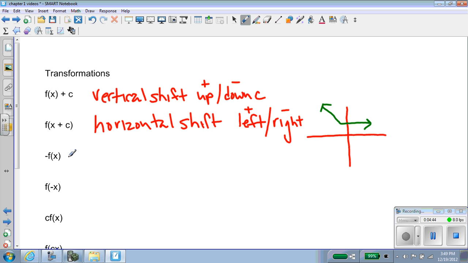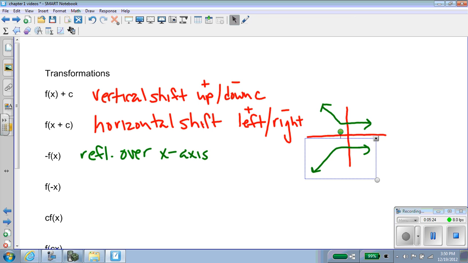Negative f of x. For our trig graphs, that made the highs low and the lows high. For this, it's going to cause a reflection over the x-axis. So what was up is now down, and what was down is up.